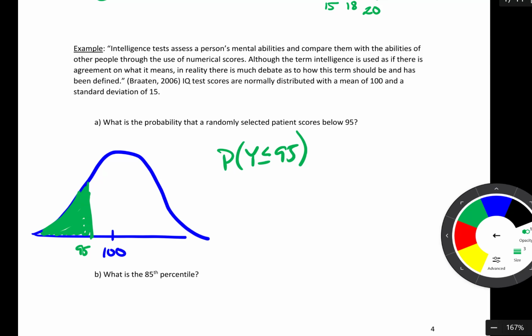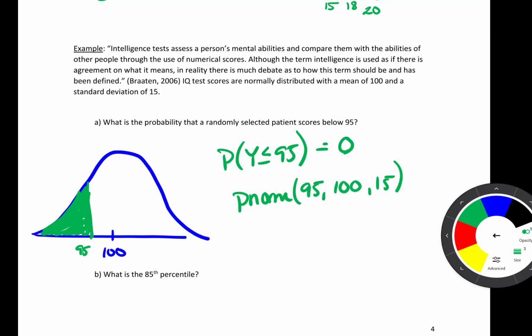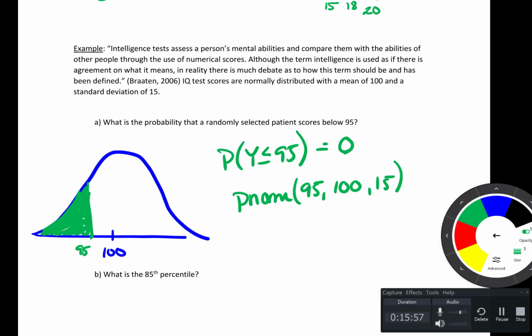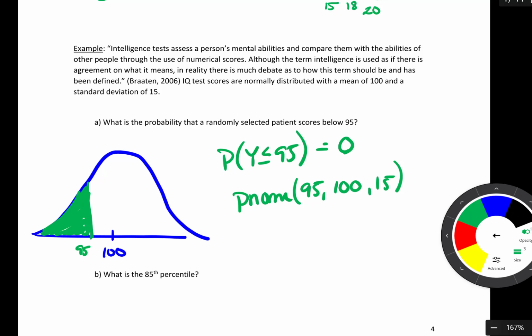So we can use R again, and again we'll use that p-norm function. So the value that I want the area to the left of is 95 for a normal distribution which has mean 100 and a standard deviation equal to 15. And if you put that in R, the value we will find is equal to 0.3694.